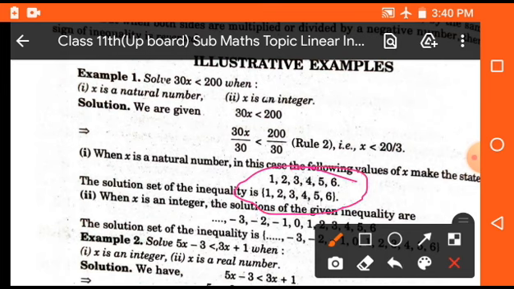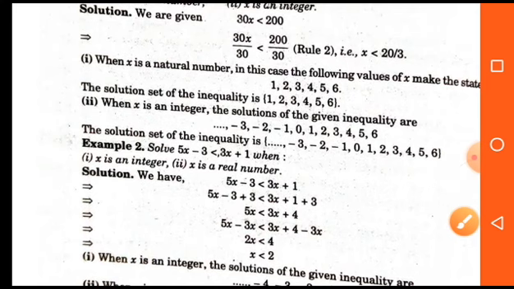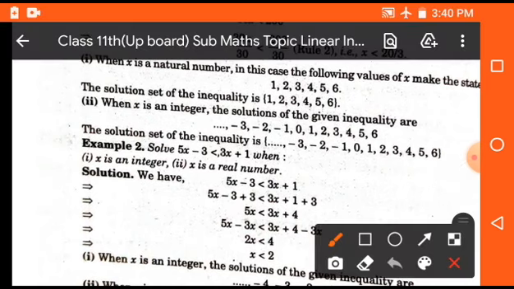This is the solution set of the linear inequality when x is a natural number. Now in the second case, when x is an integer, we can take minus infinity to plus 6. It means that all the values from minus infinity to plus 6 are solutions of the linear inequality.